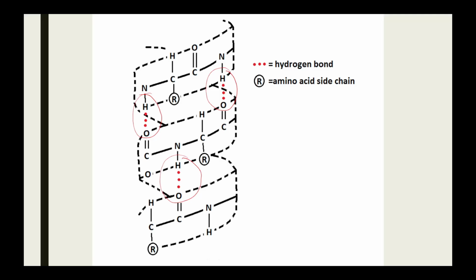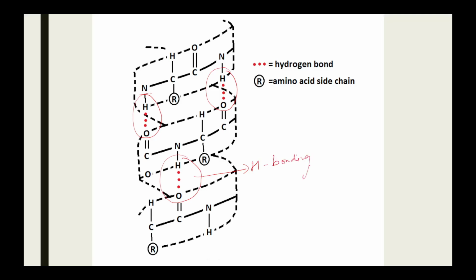The alkyl groups of the alpha helix chain are not involved in the hydrogen bond formation but maintain the alpha helix structure. After the intra-hydrogen bonds form, the entire thing takes the form of a helix-like structure. That is why it is called the alpha helix, and these are the hydrogen bondings present.